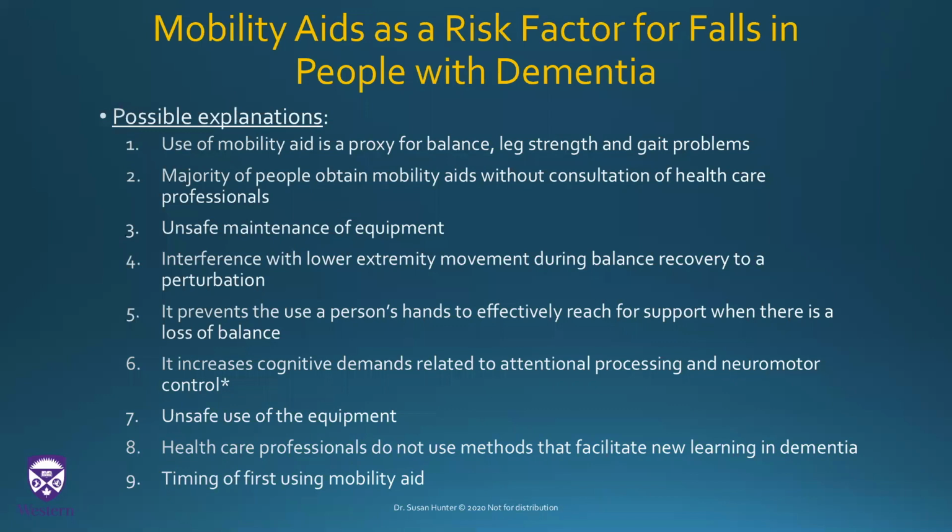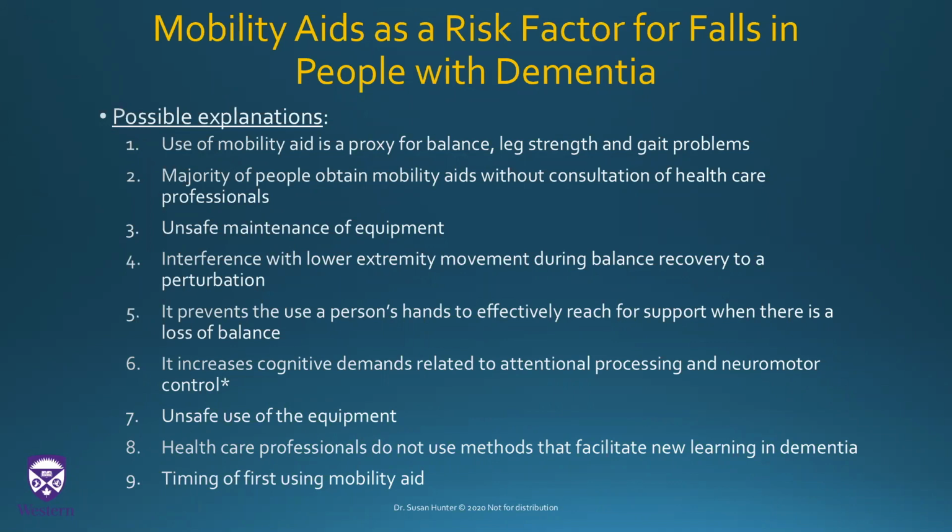Number 6 is an area that I've been focused on for the last probably 4 years, quite extensively with my research, in that use of mobility aids increases cognitive demands related to attentional processing and neuromotor control. So using mobility aids is a cognitively demanding task.